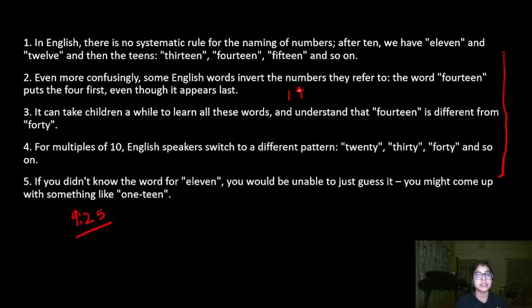It can take children a while to learn all these words and understand that 14 is different from 40. For multiples of 10, English speakers switch to a different pattern. Here 20, 30, 40, and so on. If you didn't know the word for 11, you would be unable to just guess it. You might come up with something like 1T.